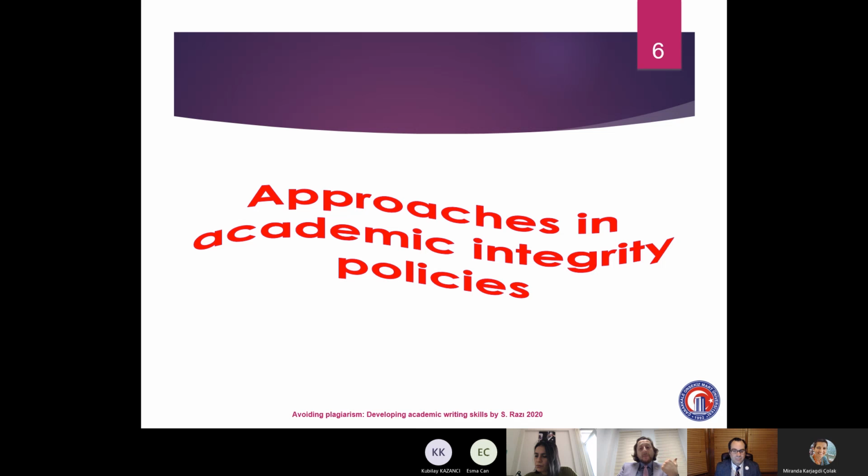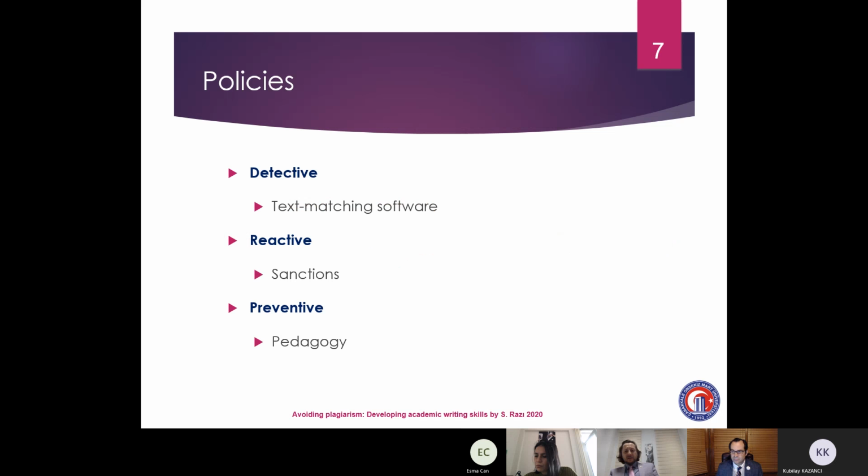And what about the title of this course? How do we place plagiarism in our academic integrity policies? When we examine the policies, we see that they generally approach the issue from three perspectives.